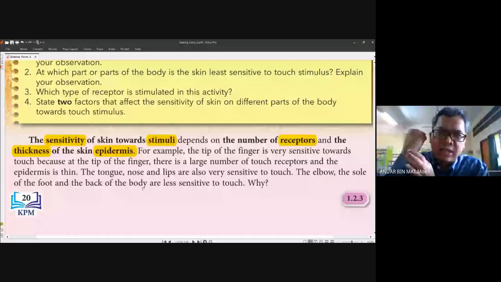If the number of receptors is high, the sensitivity is high. How about the thickness? If the skin is very thick, is the sensitivity more or less? Anybody? Kalau epidermis ini tebal, you can feel more or you feel less.